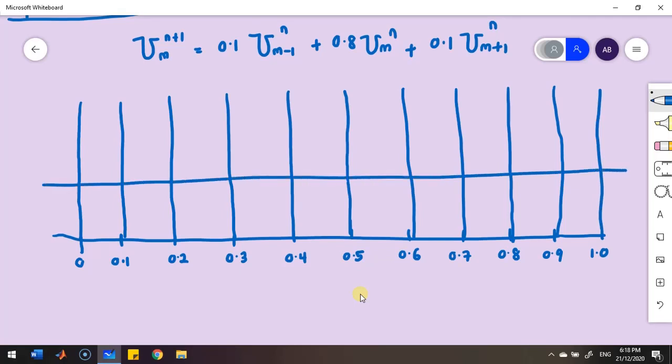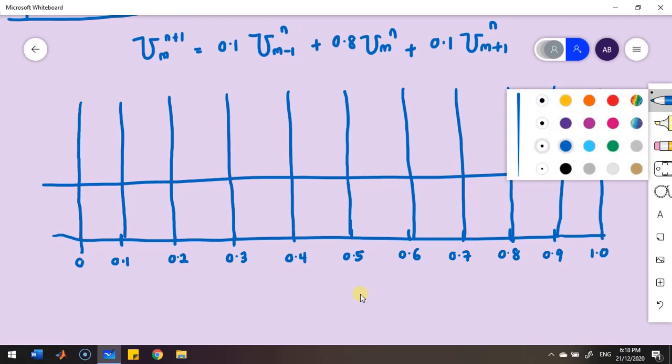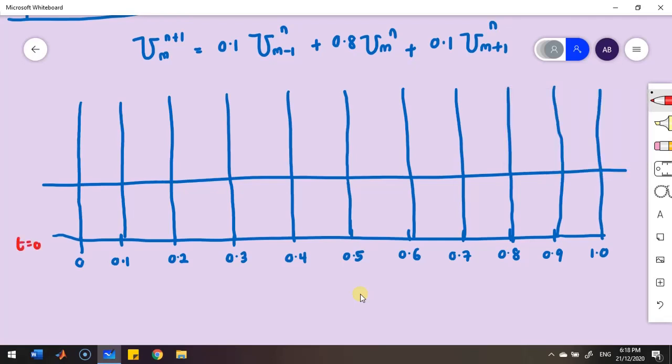Technically, let's use all the points given based on the question. This is my t equals 0. This is my k increment, 0.001, so t equals nk, where n is 1.